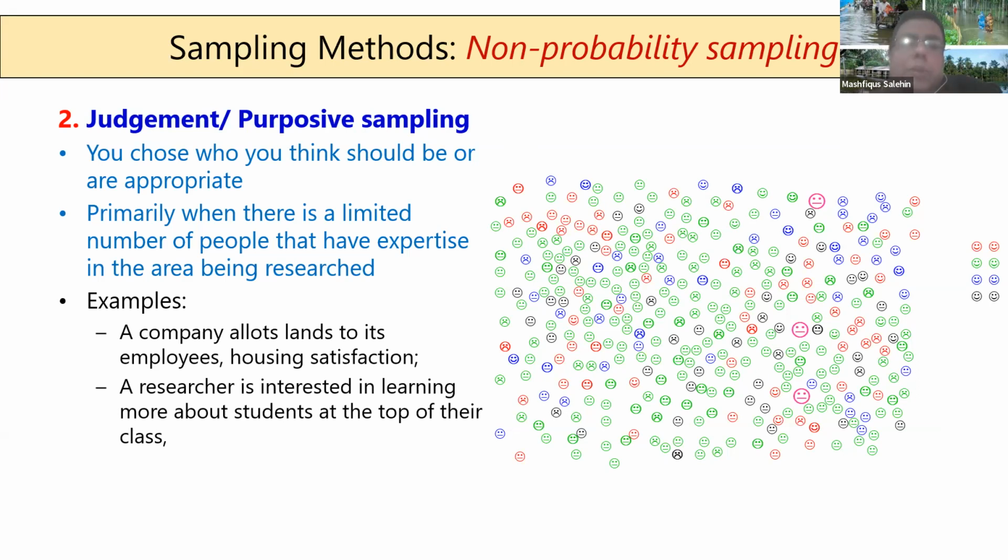Basically, these will be limited to those people who have expertise in the area that you are researching. For example, you are interested in learning about students who are at the top of your class. If you're a university teacher, then you'll select, say, the top 5% of your class, and ask those students. So this is one example of purposive sampling.